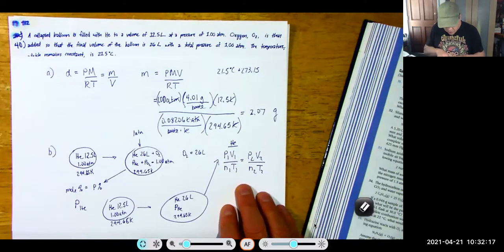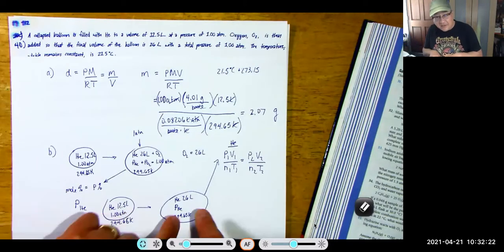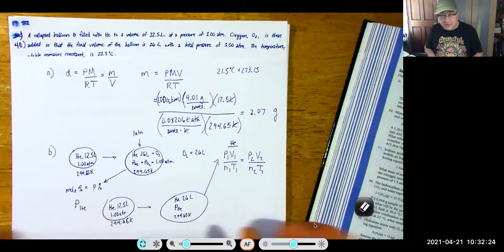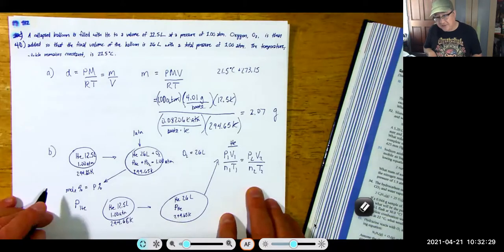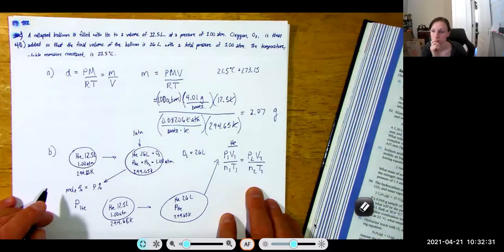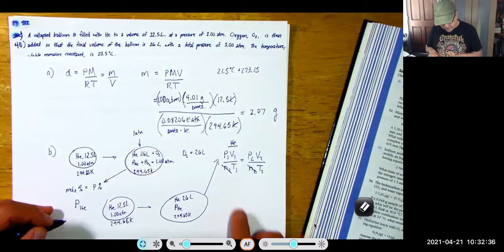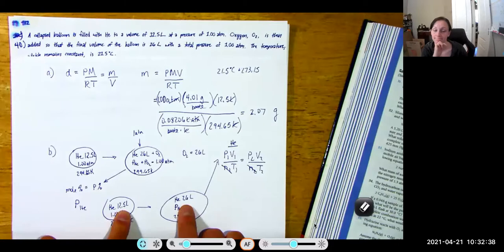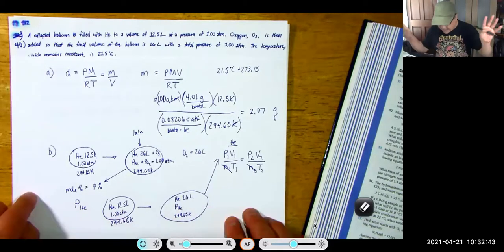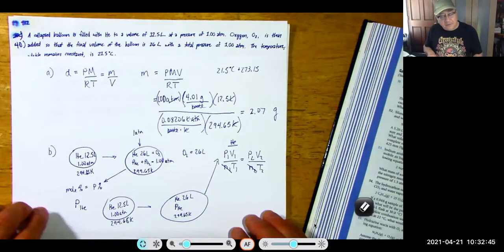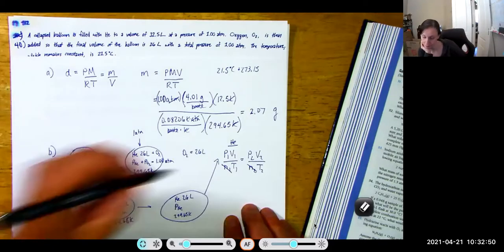We're taking all of the helium atoms and putting them in here, so the number of helium atoms doesn't change. They cancel out. Do the volumes change? Yes, so we can't cancel them. Do the pressures change? Yes, can't cancel them. Do the temperatures change? No, so we can cancel them.